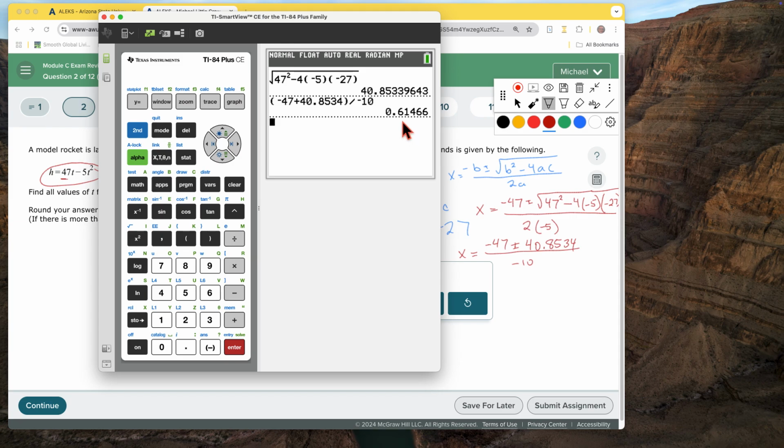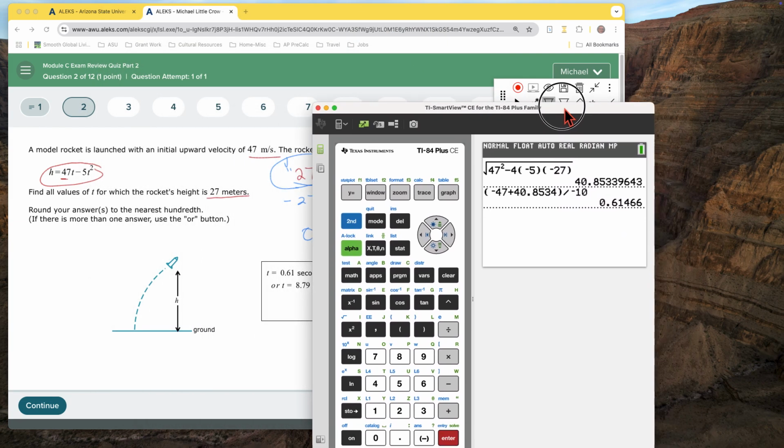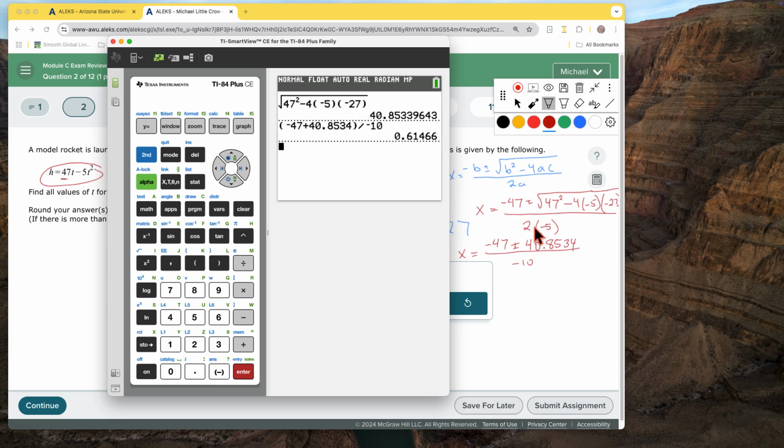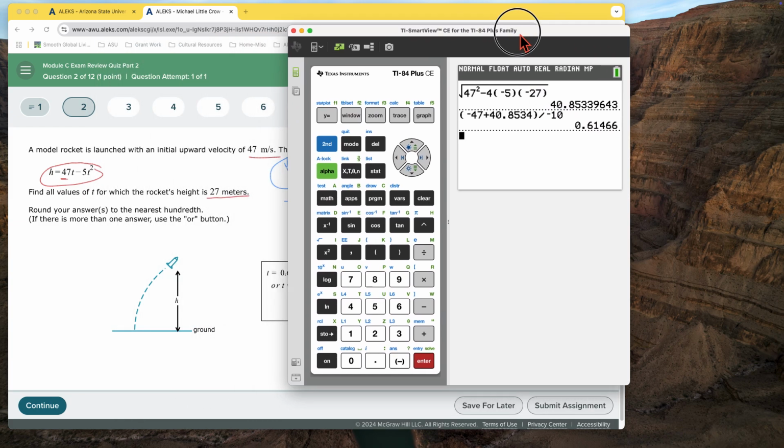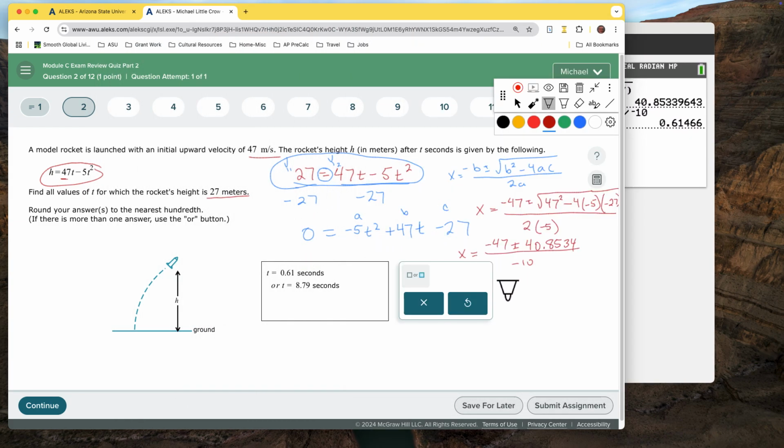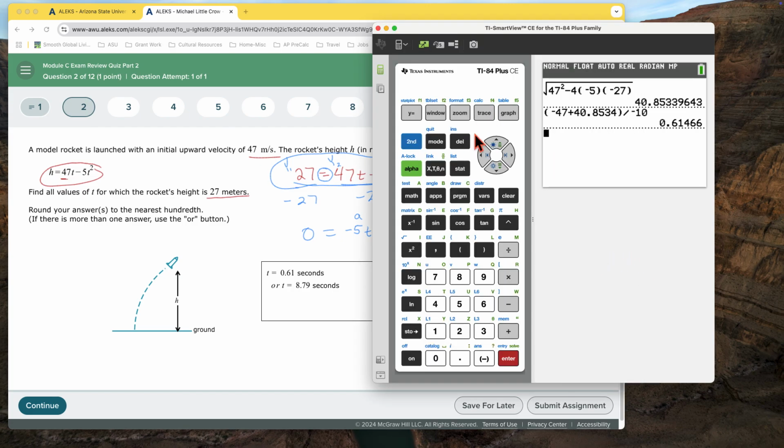And we get our number 0.61, which we got over there, right? So one value is 0.61. That's one answer. And then we get the other one by, actually, we could just come up here. Let's copy it, highlight it, enter, and then change this from a plus to a minus.